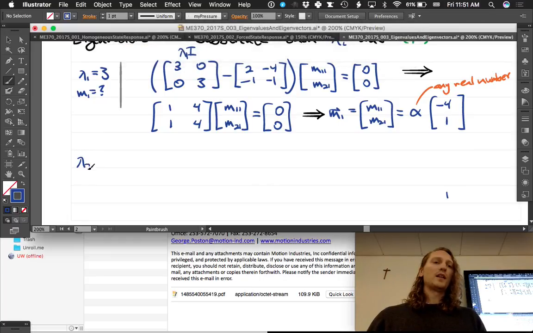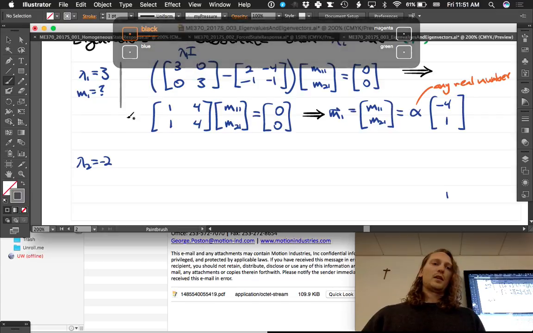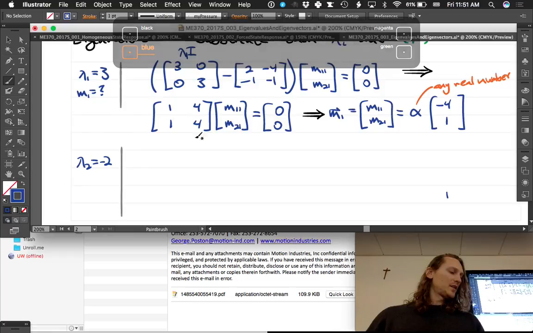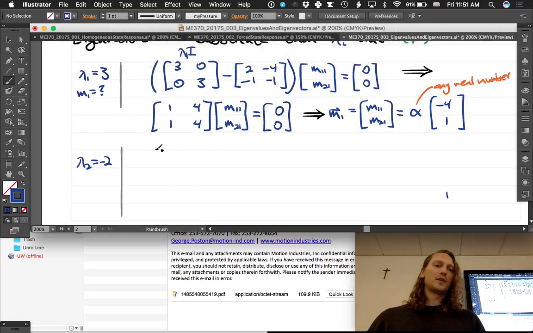So I'll just say that lambda 2 equals -2, and by the same process, but I will write the first step down.